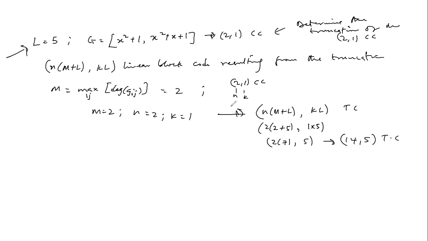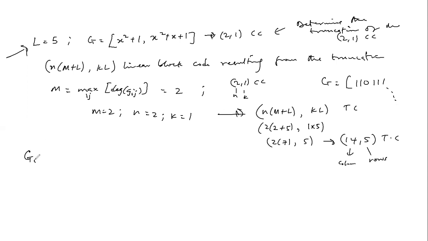Recall that G from this, the scalar was 1, 1, 0, 1, 1, 1, which extended infinitely on the matrix. So, in other words, we have 14 columns and 5 rows. So let's place 5 rows of this, and see if we're going to get 14 columns.